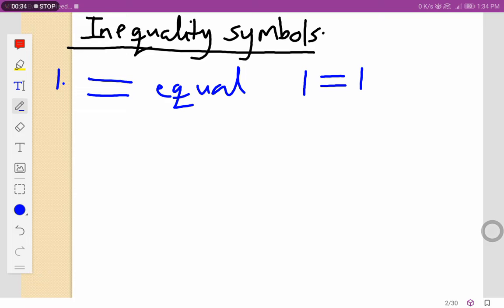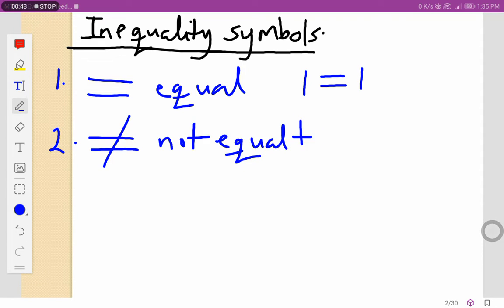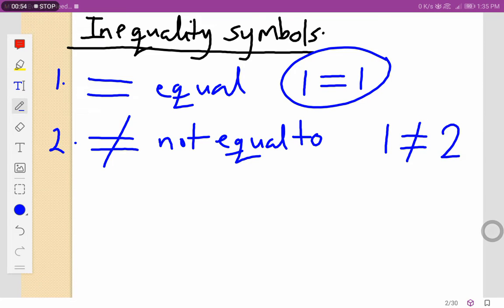They are equal. Then I can have number 2, not equal to. When something is not equal to, we use this cross sign. So this is not equal to. I can also use an example of 1 where I can say 1 is not equal to 2.